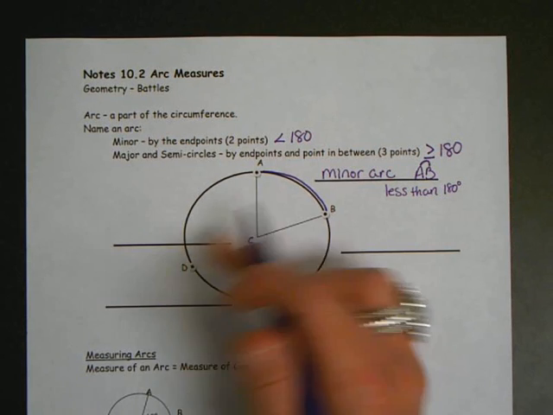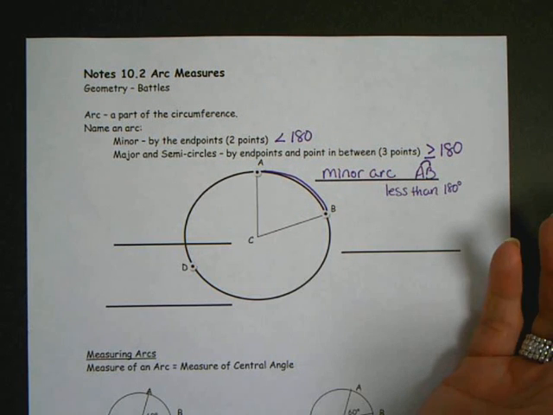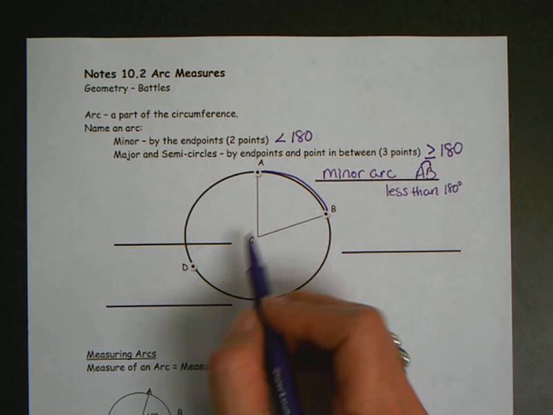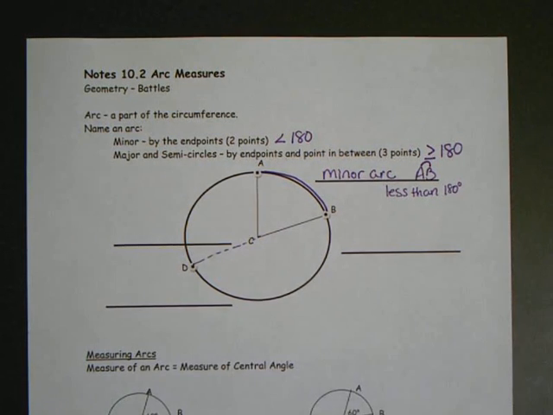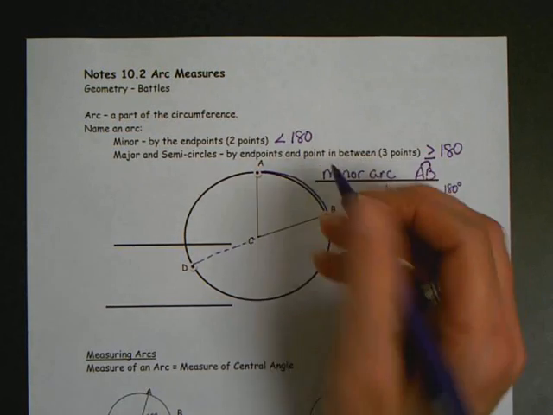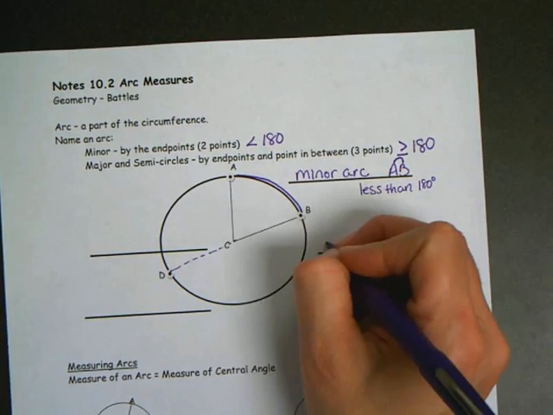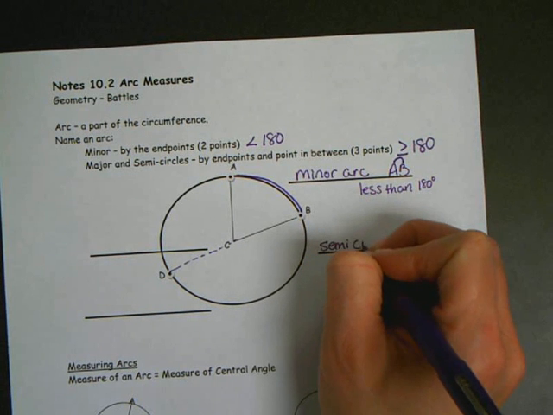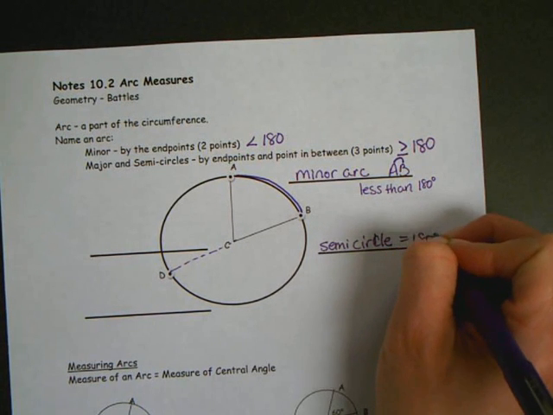If you go halfway around from one point to another, you've gone the same distance. You've gone half the circle. So if we extend this radius out to point D, we would have a diameter, cutting the circle into equal parts. So that's what we call a semicircle, and it is equal to 180 degrees.